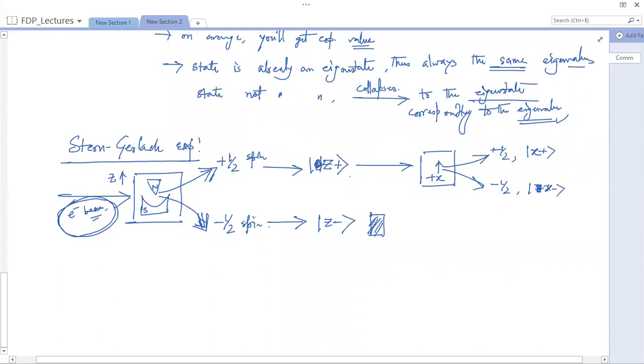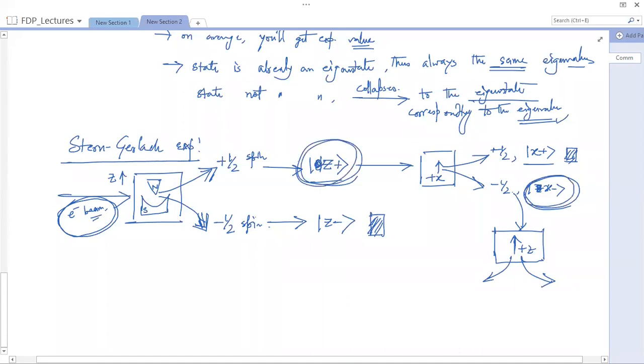The x plus and z plus states are related but not equal. If you block one and pass it to another z apparatus, you will again get only two outcomes, because your state has already changed.